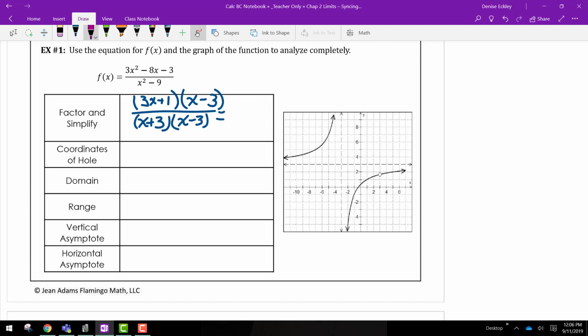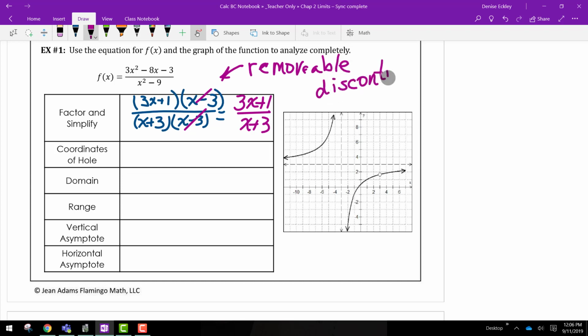So simplified, these will cancel, giving us 3x plus 1 over x plus 3. Okay, so what we did is right here we have a removable discontinuity. And what that does is create a hole in the graph.